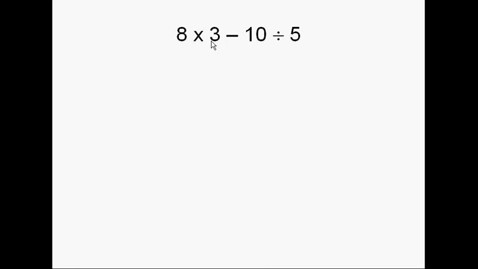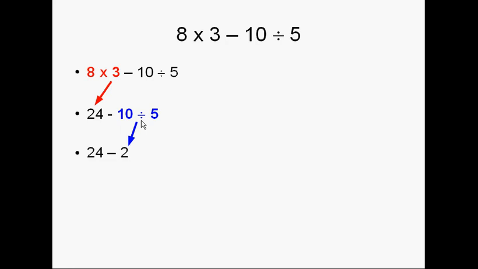The multiplication in this case is coming first. So we're going to do that part first. 8 times 3 is 24. Then I've got this division I've got to do. 10 divided by 5. That's 2. So 24 minus 2 is 22.